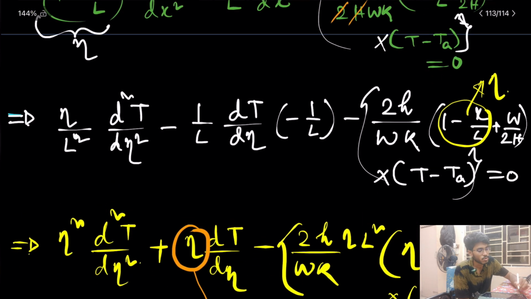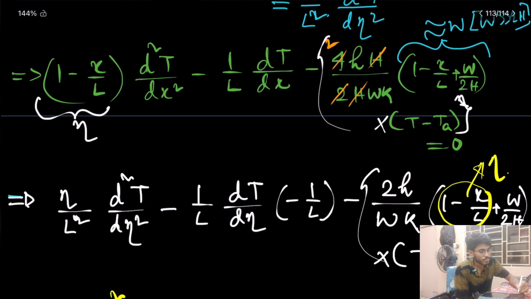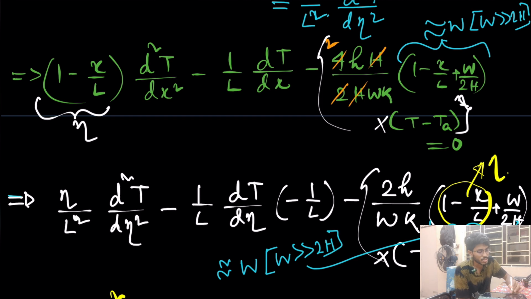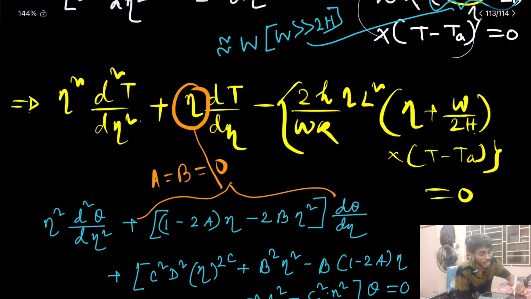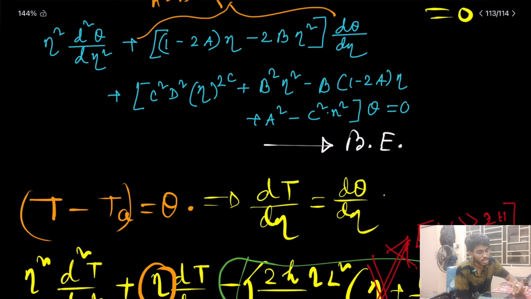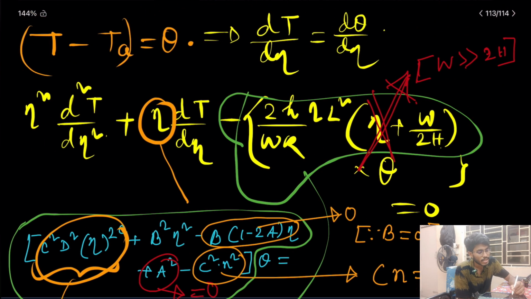I am writing everywhere so that you don't get confused. Again this term will be approximately equal to W only if W is much greater than 2h. Clear? Again this term will have the same thing, and finally here I will not have the eta, this whole term will be only W by h.